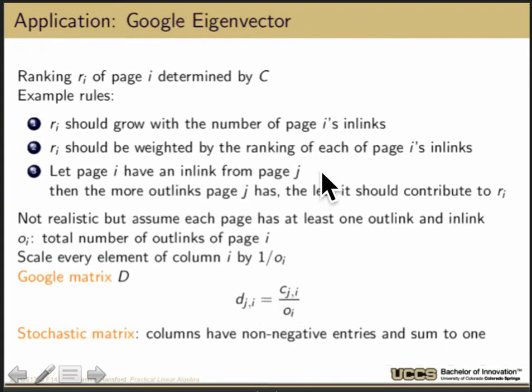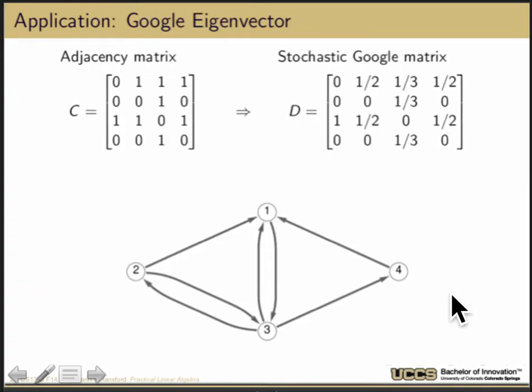In this sense, what comes into my page goes back out of the page, and that gives it a nice structure. This is a general form of a more general concept called stochastic matrices. The columns have non-negative entries and always sum to 1. So every column sums to 1 because we've normalized them. Every column is effectively divided by its sum, so they all sum to 1.